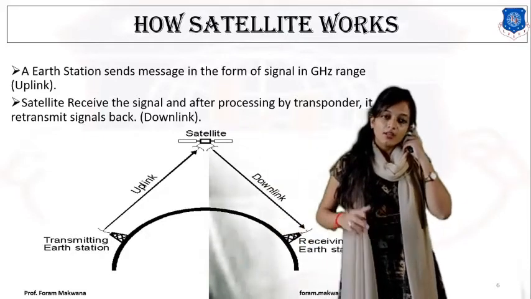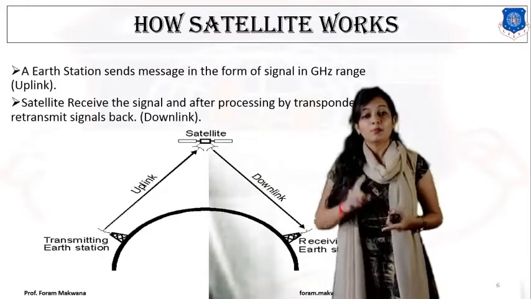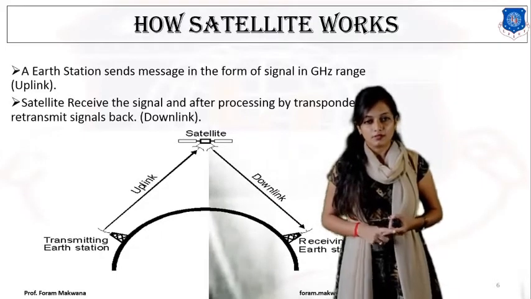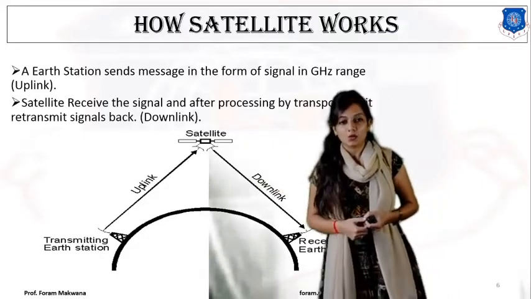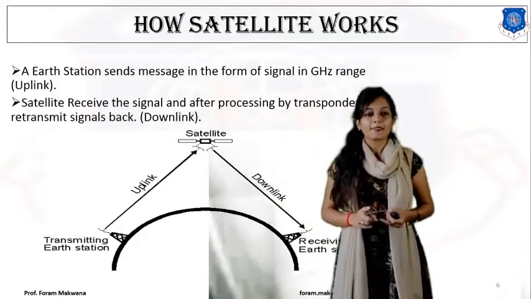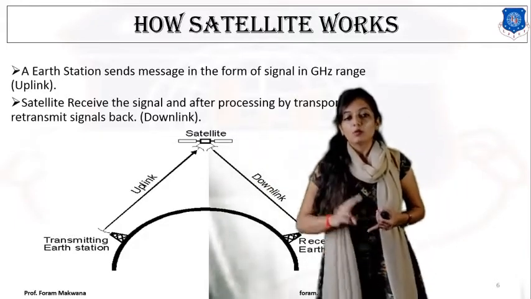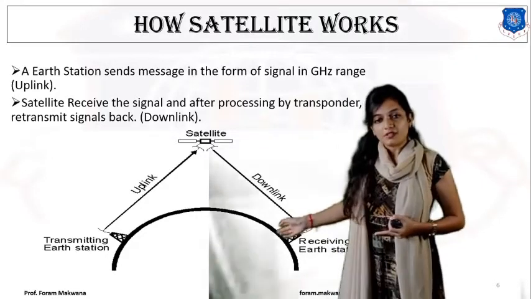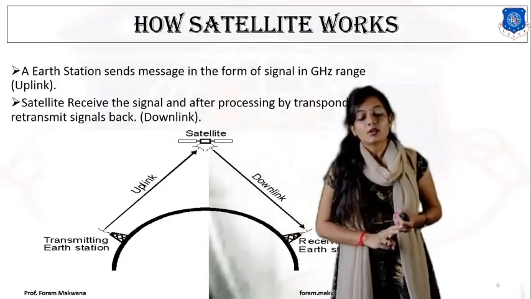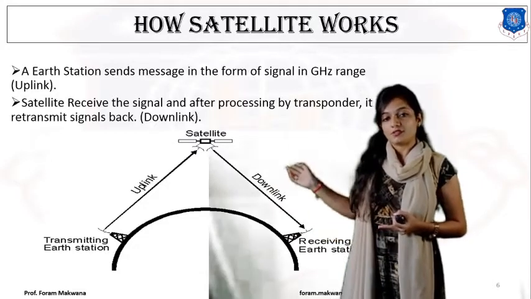The uplink and downlink frequency must be different, and uplink should be higher than the downlink frequency. Why? First of all, both should be different, because if they are not different, then the two signals are going to produce interference.